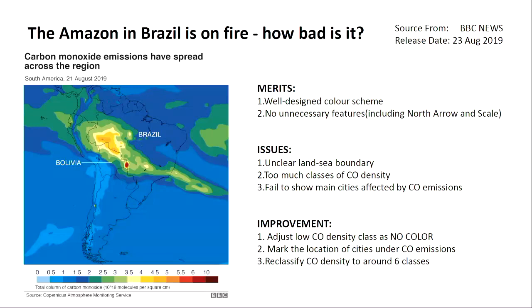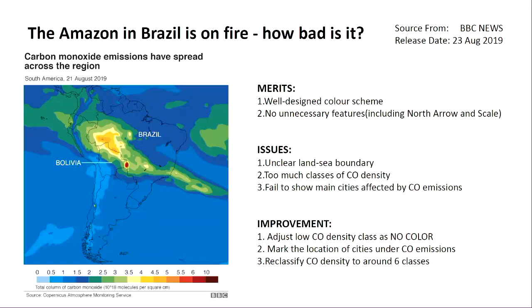Good afternoon, everyone. I'm sorry, this is the Amazon fire again, and the map shows the carbon monoxide density in the air. The merits of this map: the first one is a well-designed color scheme, and another is there are no unnecessary features, including north arrows and scales.